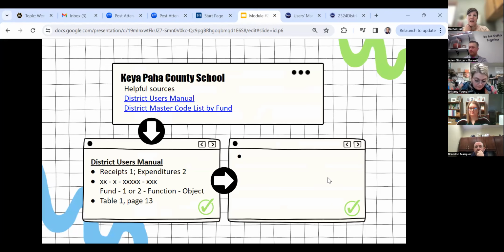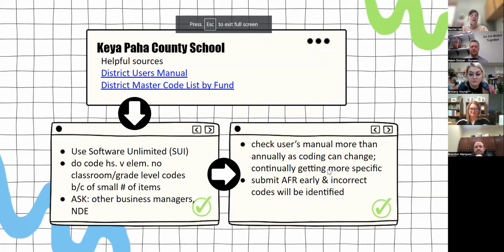Maybe that's on the other slide. Maybe go to that next slide, Adam. Yep, there it is. She also uses other local bookkeepers when she has a question, because they're all also using that software unlimited.